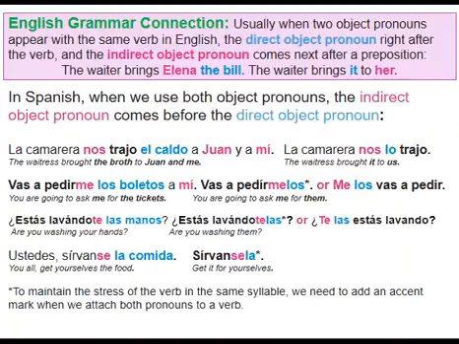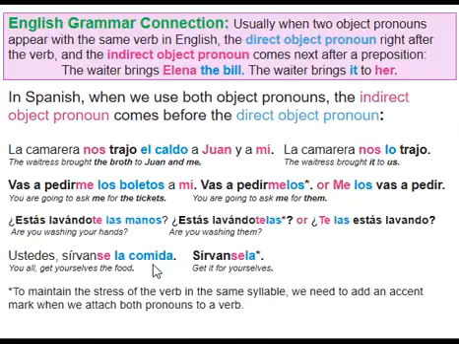Serve yourselves your own food. We're going to substitute la comida. Remember, first we need the right pronoun, la, and now we're going to place the indirect object pronoun before the direct object pronoun. As we just learned, right?